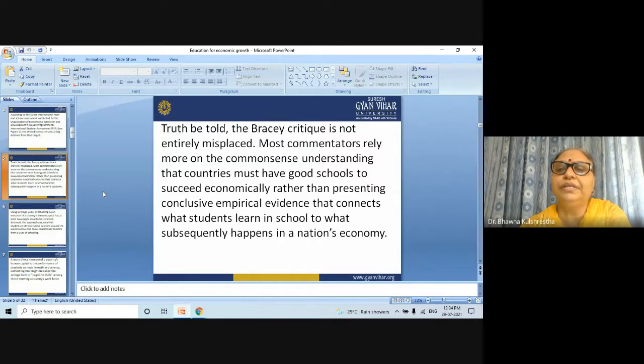Most commentators rely more on the common sense understanding that countries must have good schools to succeed economically, rather than presenting conclusive empirical evidence that connects what students learn in school to what subsequently happens in a nation's economy.